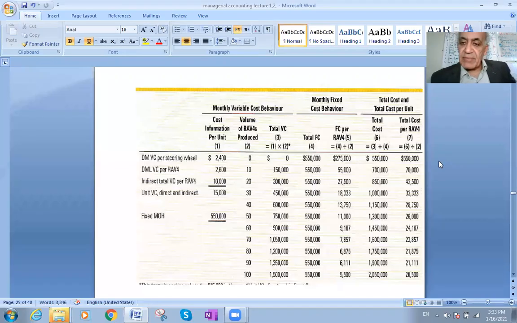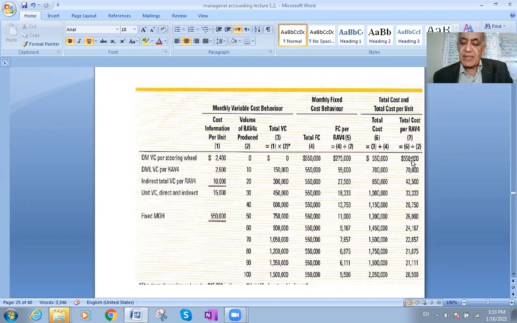The last column is the total cost per unit. How will I get this total cost per unit? It means the total cost divided by the volume of production. You have the numbers of the columns here, so this will make it easier for you.